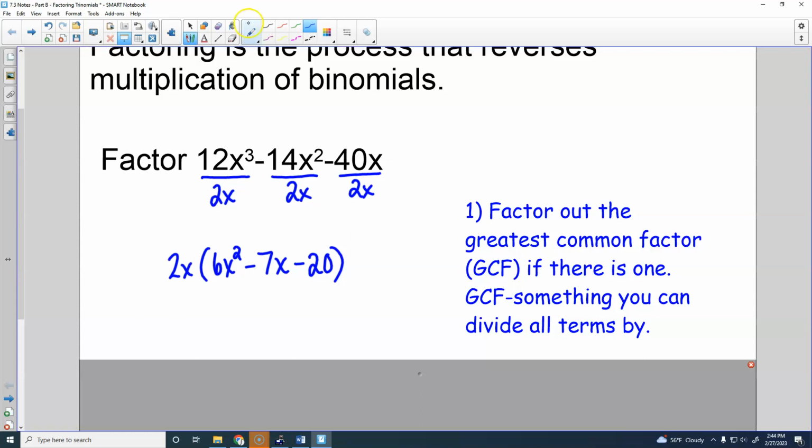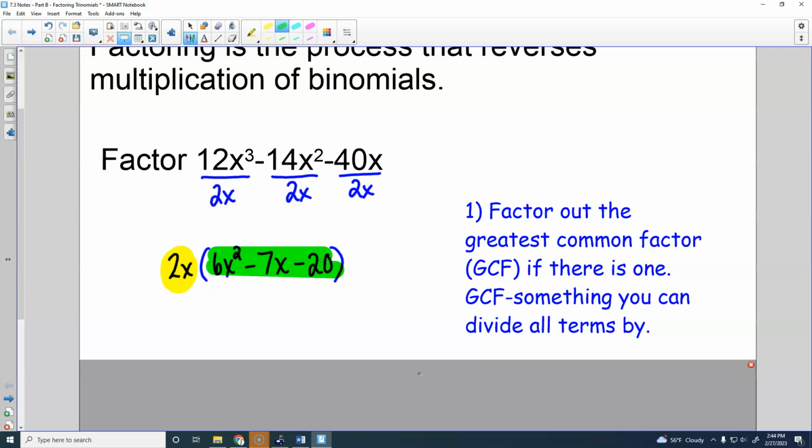Okay, now this 2x that we have pulled out here is done. We're just leaving it out front. What we need to do now is take this other part, the 6x squared minus 7x minus 20. We're going to see if we can factor it further, okay?